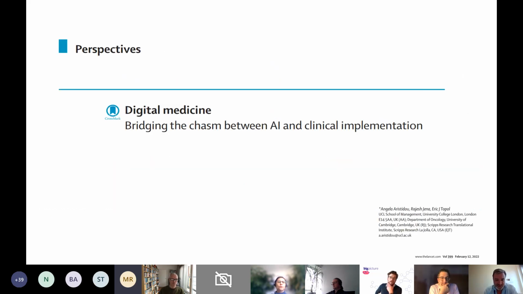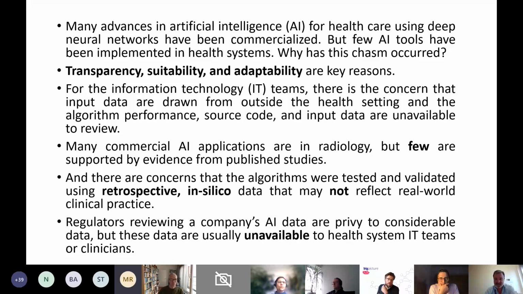And I will start by just very briefly quoting this opinion piece published this week in The Lancet, bridging this chasm between AI and clinical implementation. And I will just quote a few of their statements. And actually, these are very relevant if we want to avoid, in a few years' time, after we have spent all the money in Bigpicture, that actually nothing has changed in our daily practices.